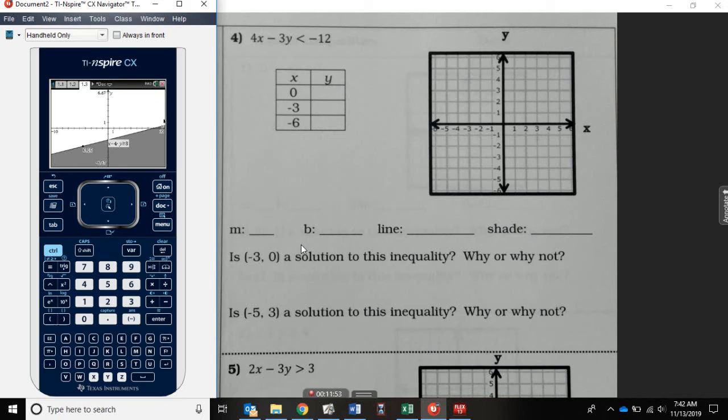So I am going to press Control-Doc, get a new graph page, delete the equal sign, pick a relation, and let's type it in. 4x minus 3y, control equal is less than -12. Okay, again, you need to hover over that line so you can see if it's solid or dotted.